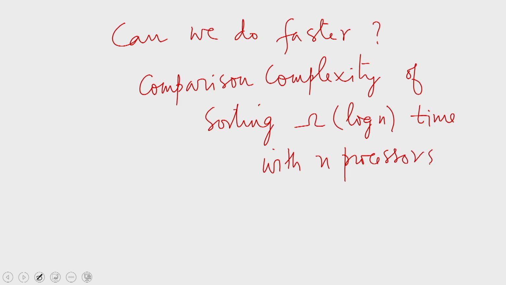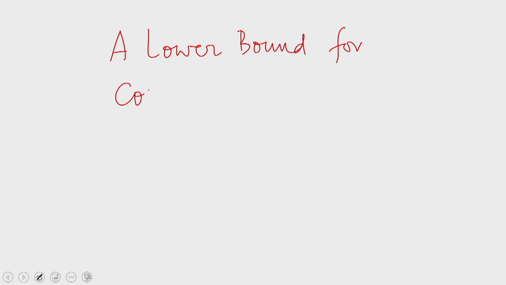You will not be able to beat the bound of log n even with a polynomial number of processors. So, let us prove this lower bound now. A lower bound for comparison based sorting.